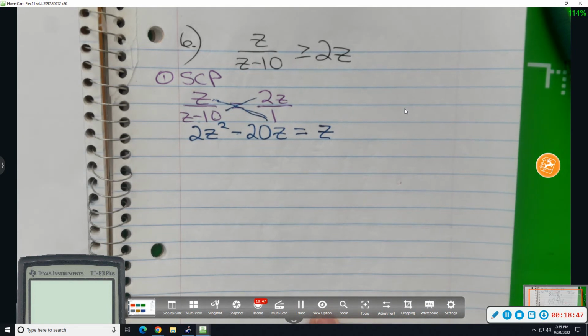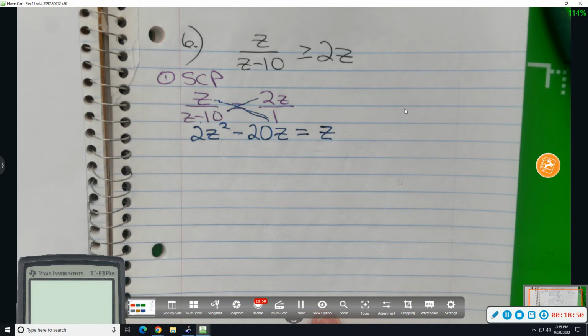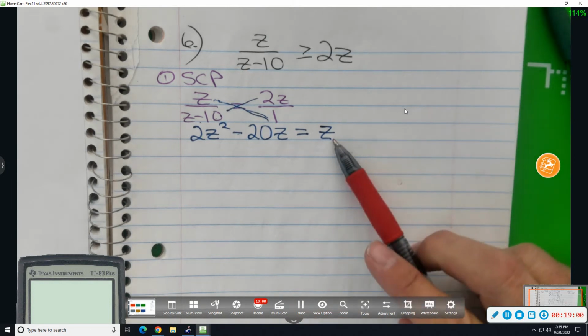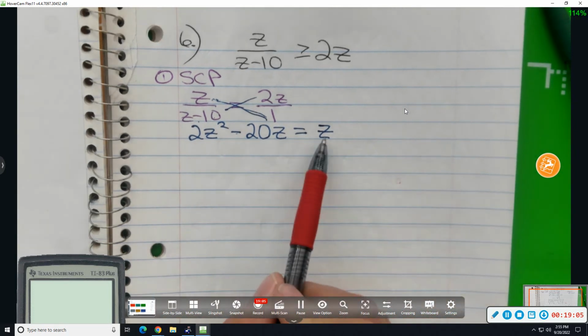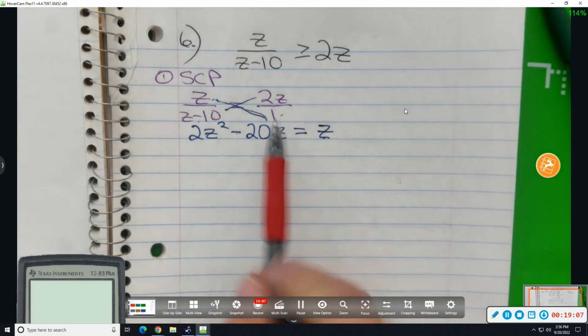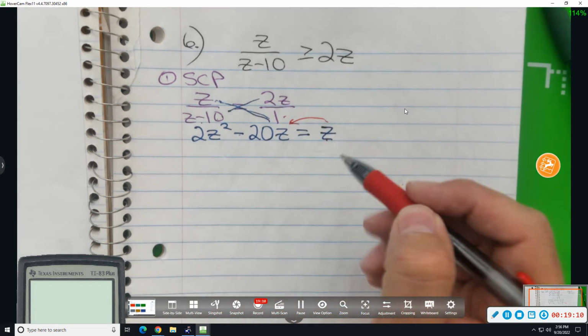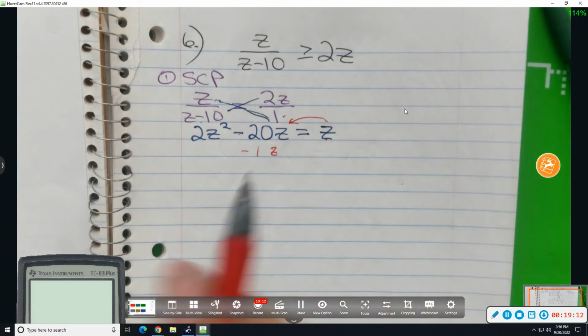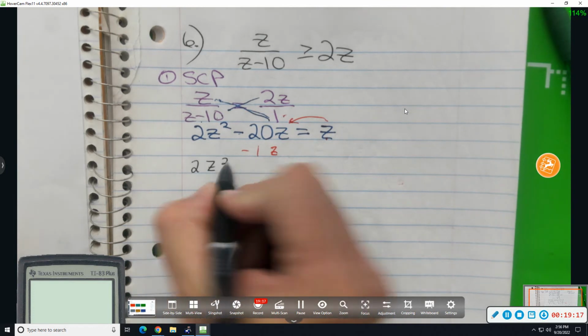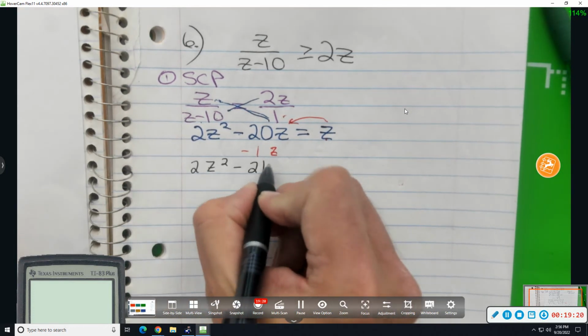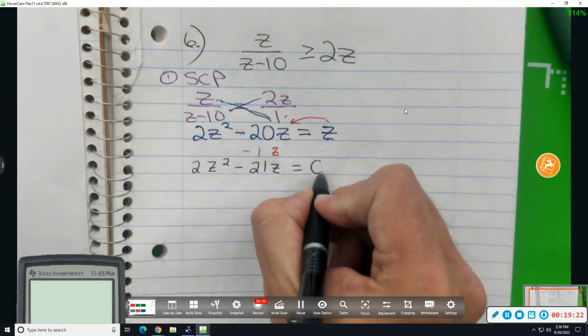I'm not going to. And I wanted to do this problem in particular because we haven't actually solved a quadratic equation like this yet. What makes it different? Well, there's not a constant term on here. Okay? Everything has a variable. If I move this z over by subtracting 1z, we have 2z squared minus 21z equals 0.